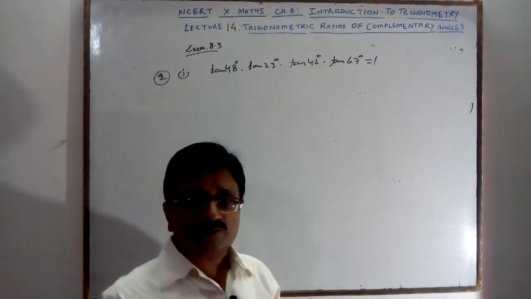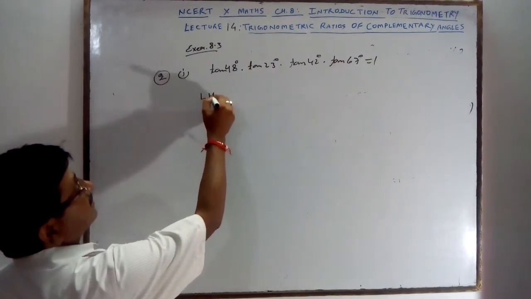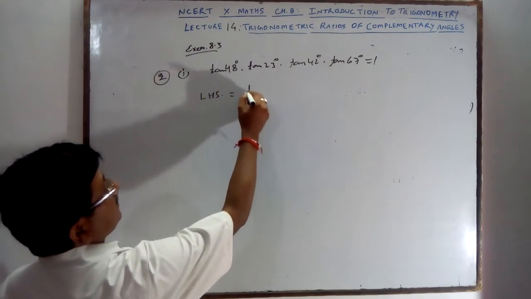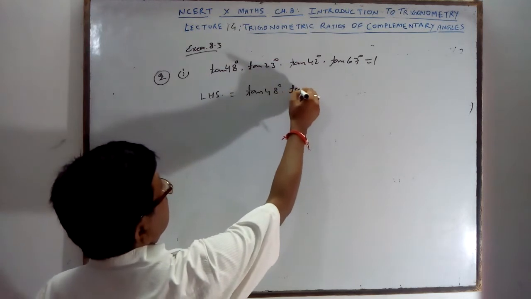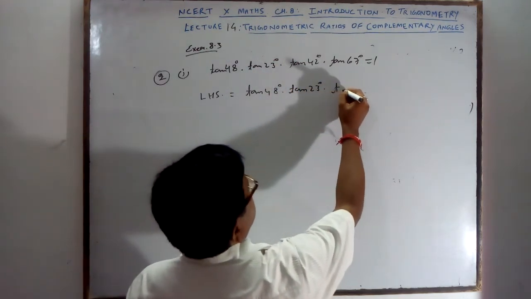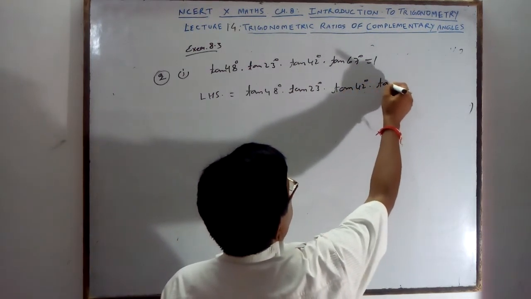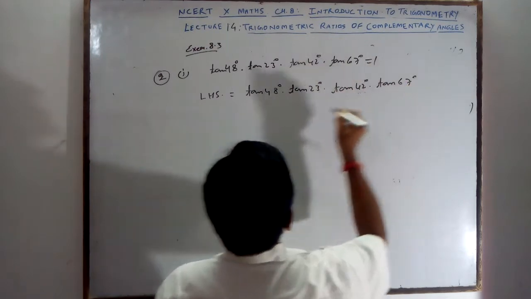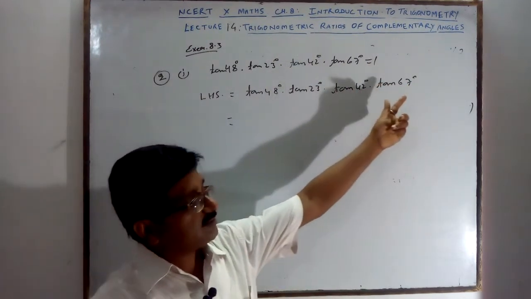If you want to prove, then what will you do? Take the LHS, the left hand side. Left hand side you write as it is: tan 48 degree, tan 23 degree, tan 42 degree, tan 67 degree. You see the digits 48, 23, 42, 67.